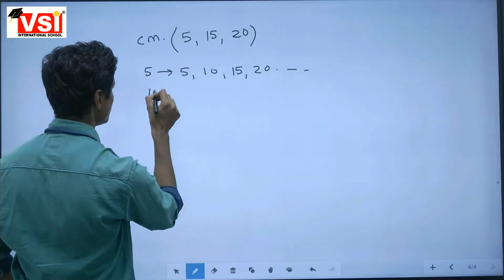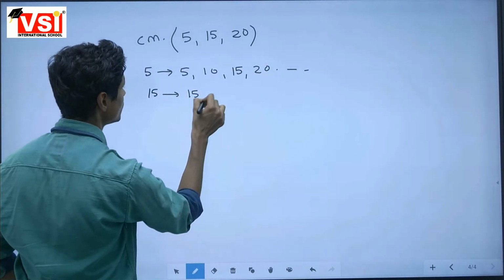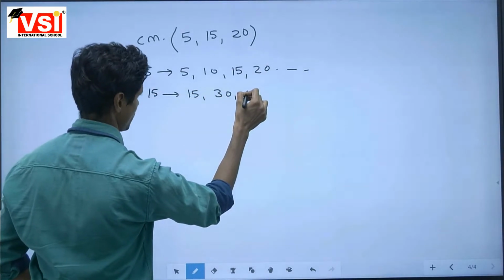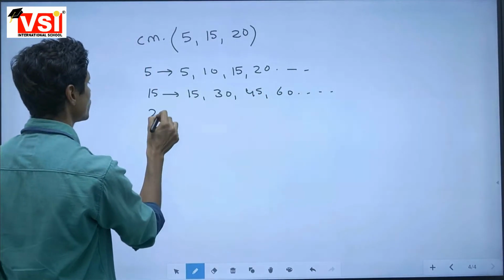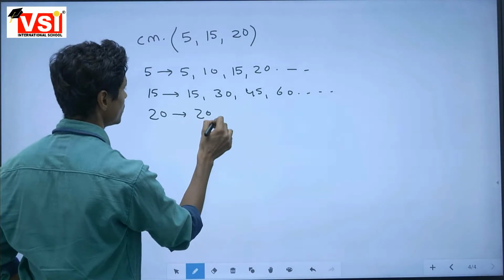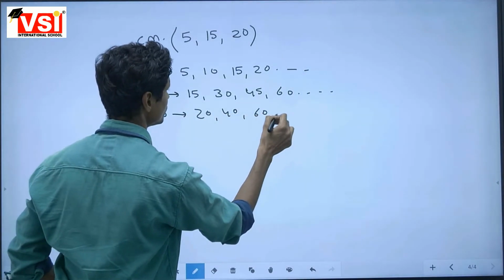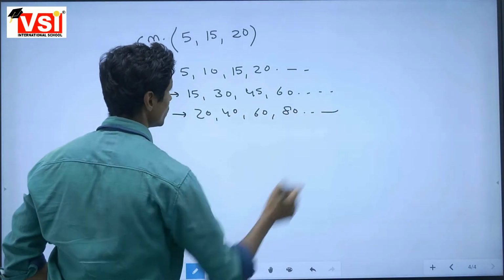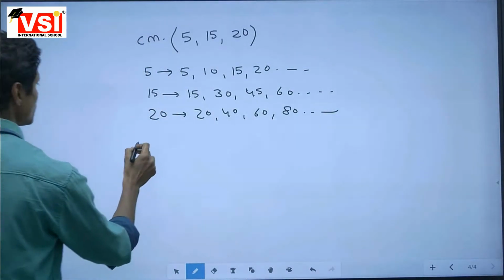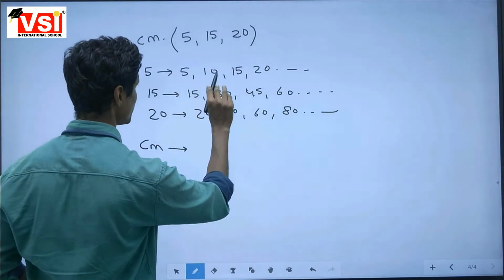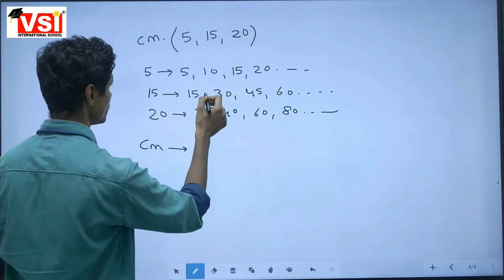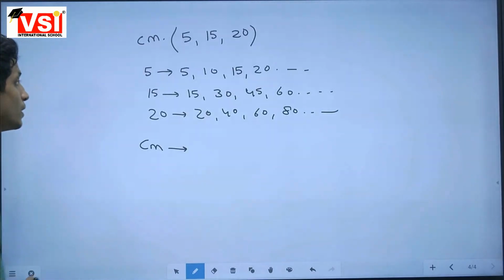Likewise, for 15 you can write 15, 30, 45 and 60 and so on, and for 20: 20, 40, 60, 80, and so on. So among common multiples, we see that 15 comes in both 5 and 15, but it doesn't come in 20.